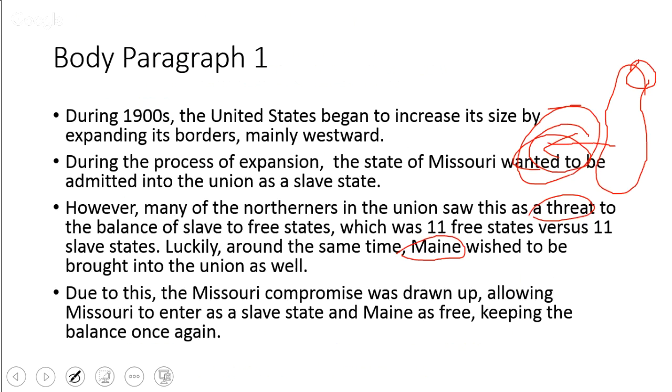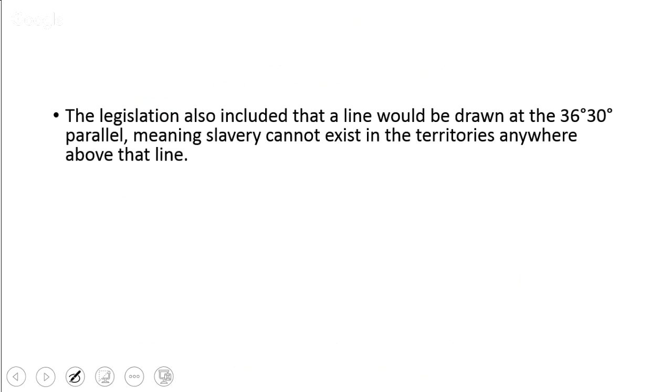So due to this, the Missouri Compromise was drawn up, like drafted, allowing Missouri to enter as a slave state and Maine as free, keeping the balance once again. The legislation also included that a line would be drawn at the 36°30' parallel.